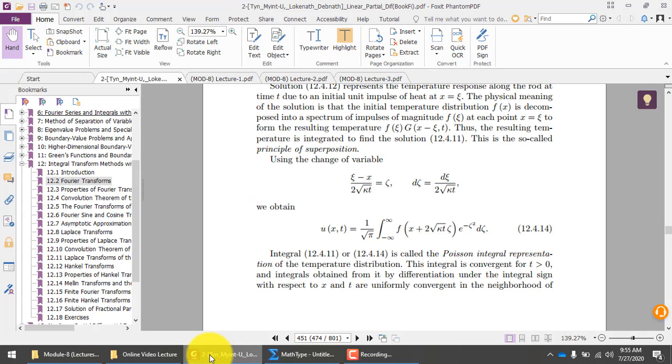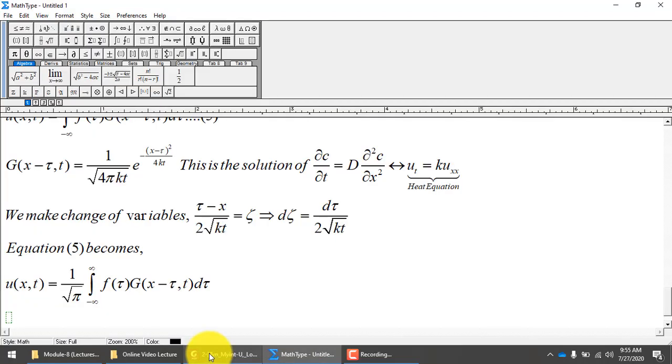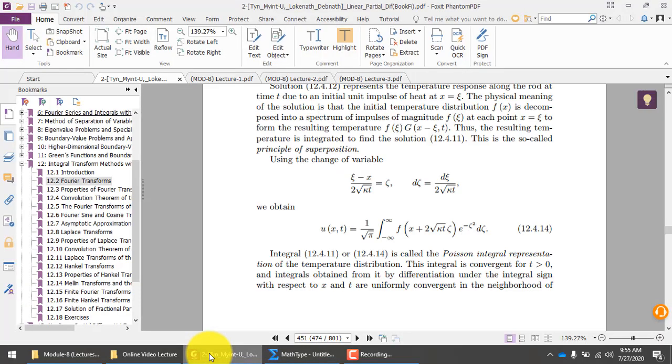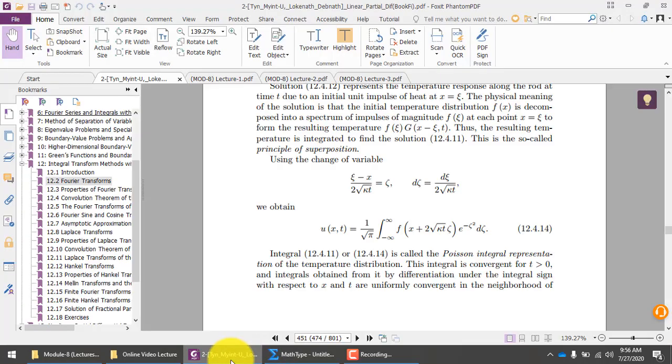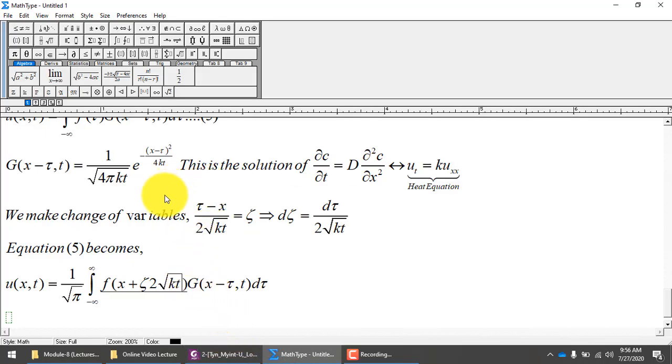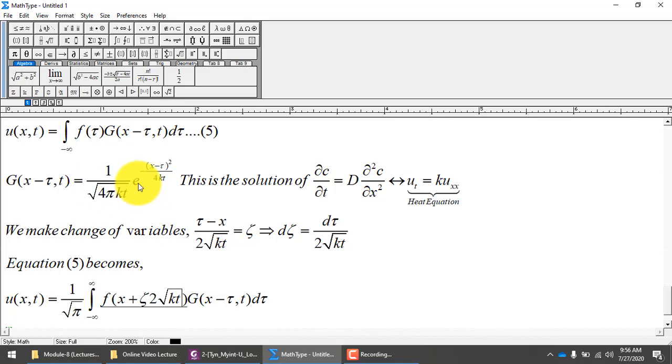So that is why I have there x plus xi square root of 2kt. So this will be changed to x plus xi multiplied by square root of 2kt. And instead of the other thing, g, you know what that was.